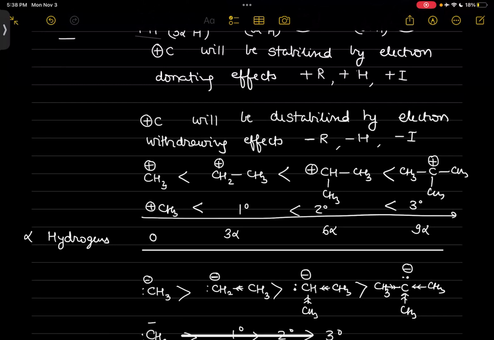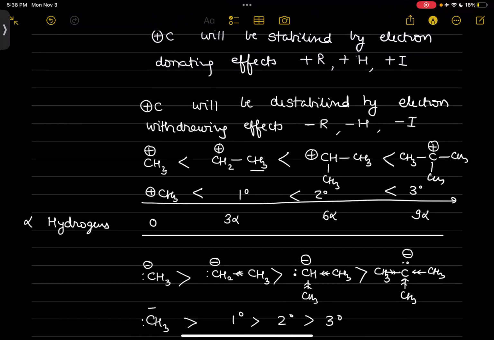Hyperconjugation, these are known as alpha hydrogens. They contribute towards the hyperconjugation. More and more alkyl groups, and the alkyl groups bring in the hydrogens along with them, so you have more alpha hydrogens.